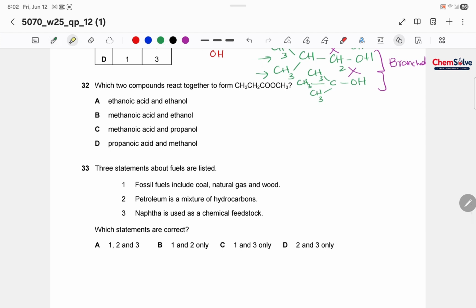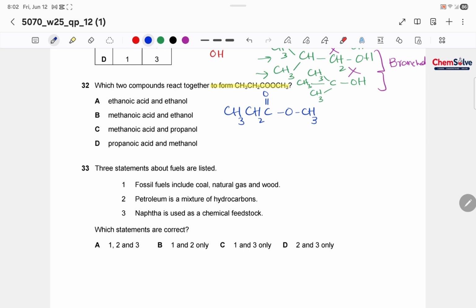Which two compounds react together to form this thing? What is this? This is an ester. How could we know? From the function group it has. Okay, so let's write down the formula for this. This is CH3, CH2, C double bond O, O and CH3.